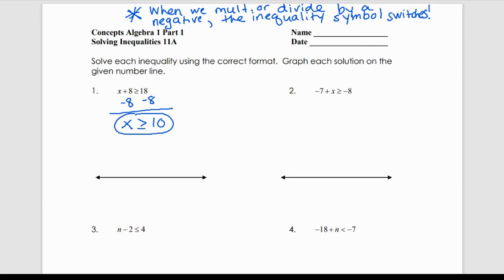But now we're going to graph that. Here's why the graphs are blank. You don't always need them to be like the ones we had last week, from negative 10 to positive 10. What we need is the number that we have here, which is 10. So I'm going to put 10 right in the middle, and then we need a couple to the left and a couple to the right.